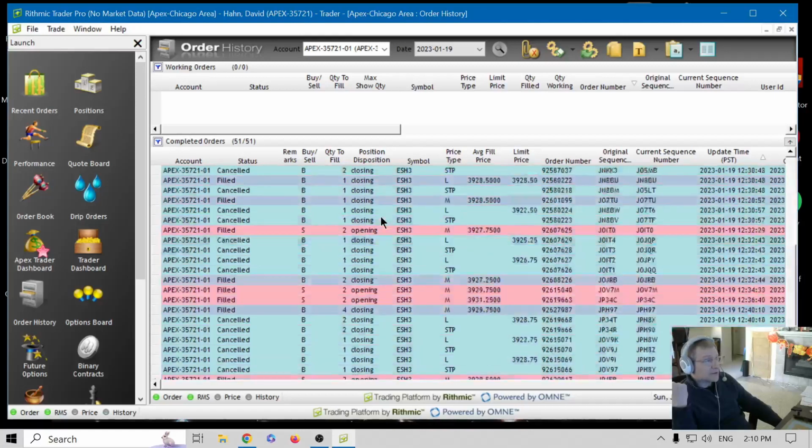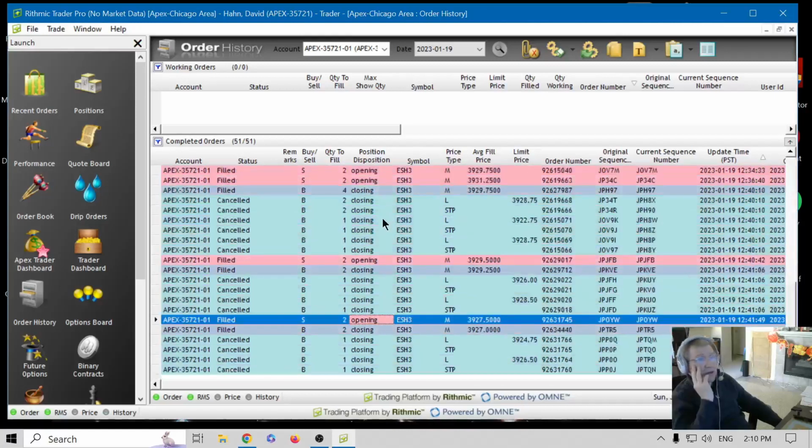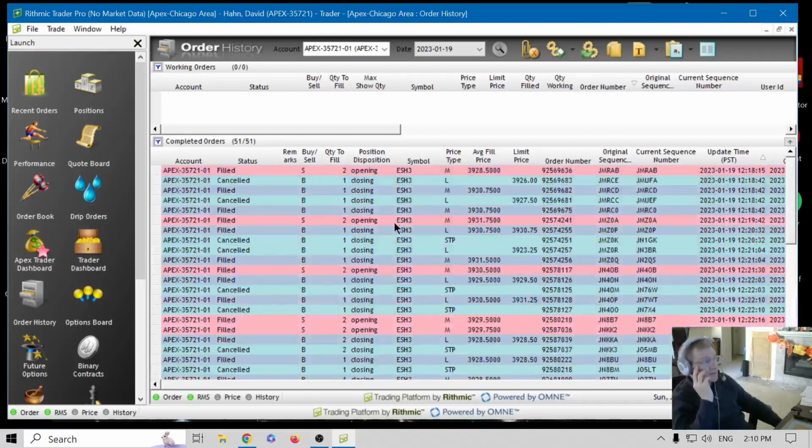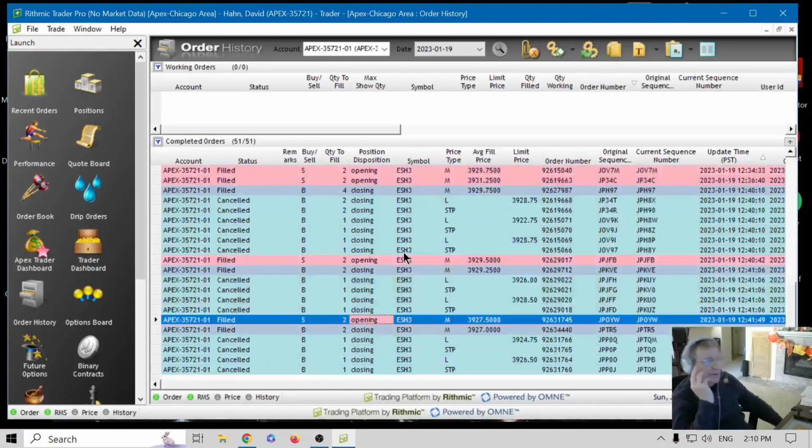So 20 round trips. Okay, that's more than I remembered. And ended up with like $300 and something. A lot of little chip shots that day.